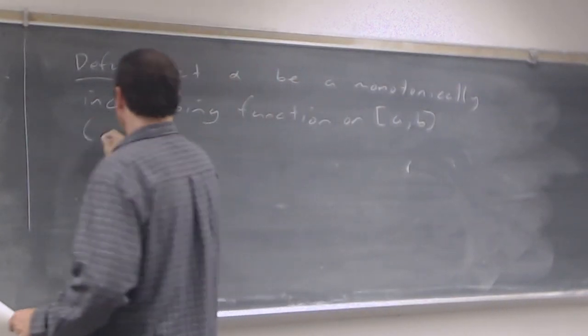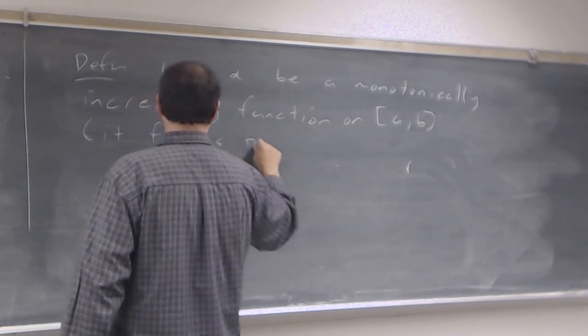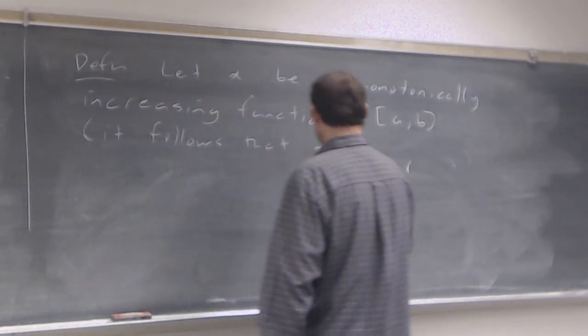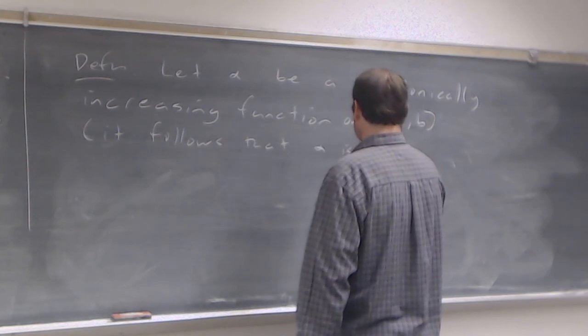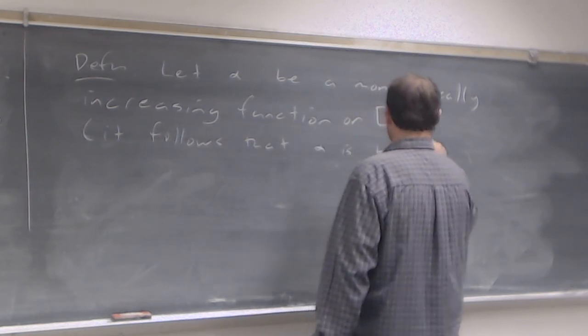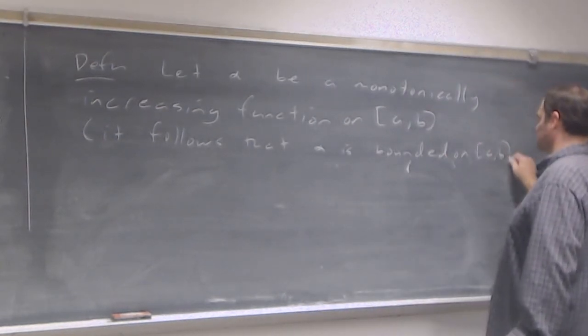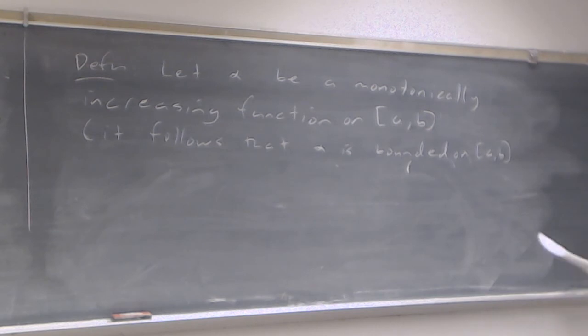And it follows that alpha is bounded on A to B. Okay, so alpha is going to be bounded.